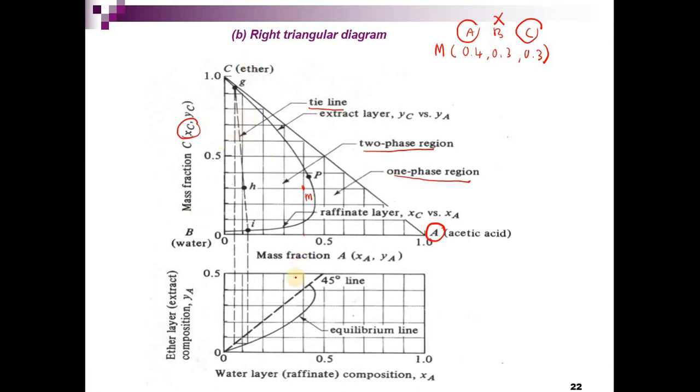But for the right triangular diagram we have another graph at the bottom, with the 45-degree line, and this is the equilibrium curve. So we will use two types of graph.